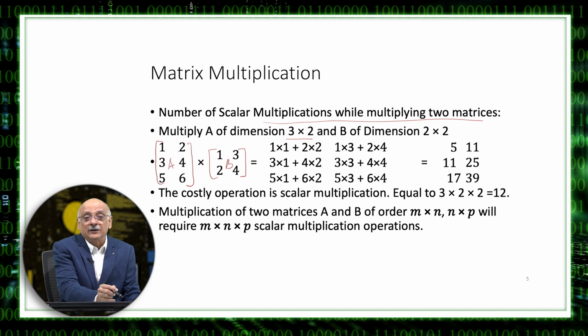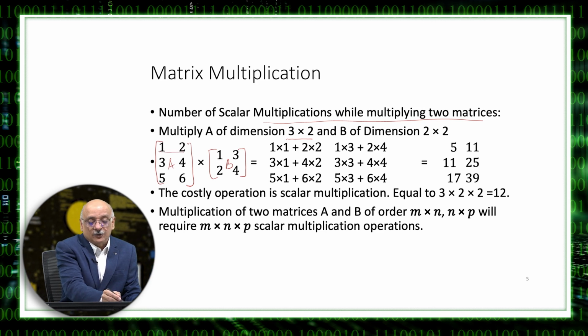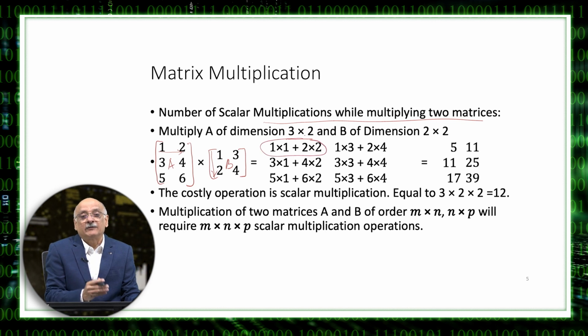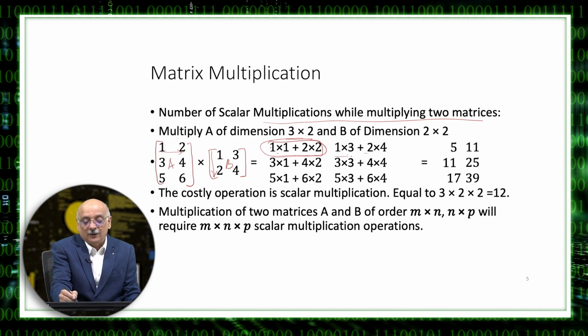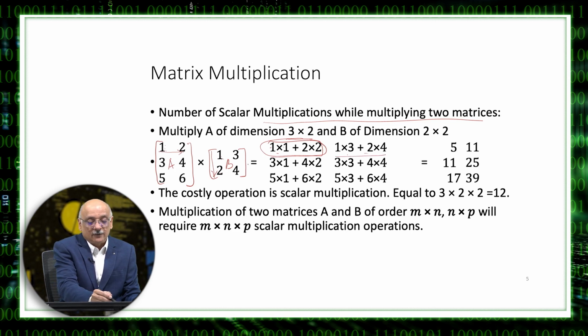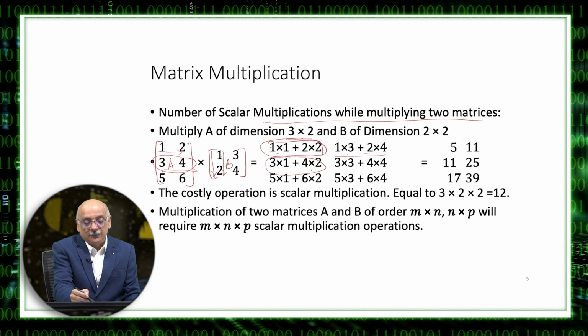So how do you multiply two matrices? The first row is multiplied by the first column to produce the first element of the resultant matrix. So 1 into 1 plus 2 into 2. That is what you will get. Next, 1 into 3 plus 2 into 4, with the second column. Then the second row will be multiplied with the first column, so 3 into 1 plus 4 into 2.